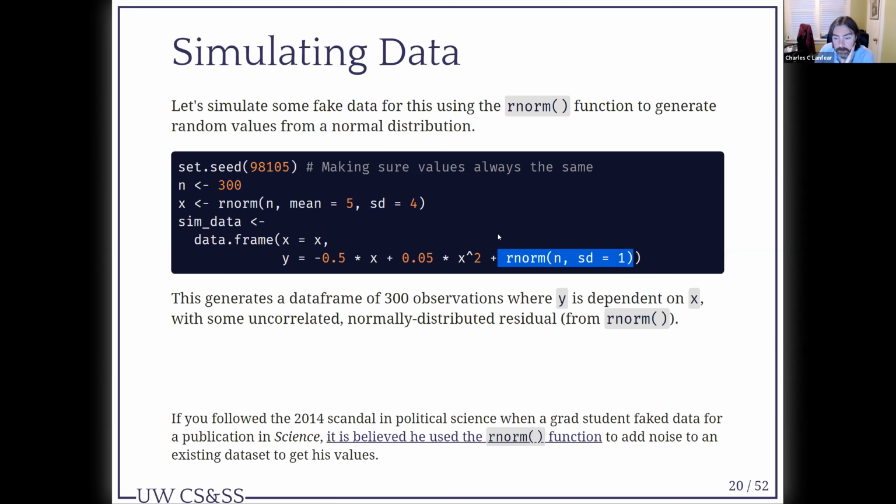Something kind of funny, and I'll get the questions here in chat as soon as I'm done talking. There was a big scandal in political science where a paper got into the journal Science, the highest journal in the land, and got retracted because people discovered that the data were basically obviously fabricated, and they showed that they were almost assuredly fabricated using R's rnorm function or some other exactly equivalent function like in Stata or whatever.